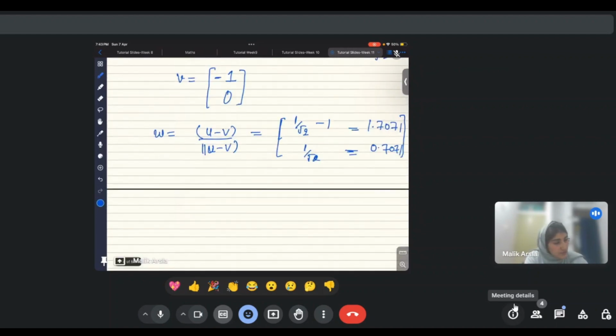And this whole thing is divided by the magnitude of U minus V. U minus V is what? This thing: 1.7071 square plus 0.7071 square. Tell me what is the value of W now?